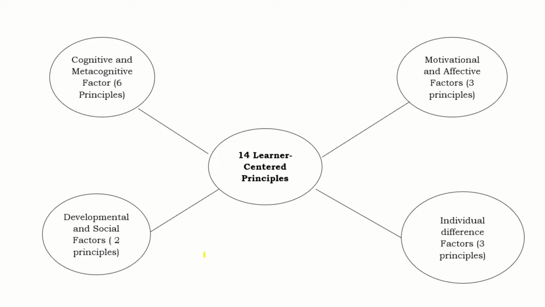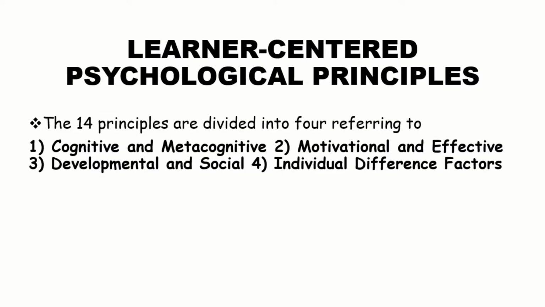In developmental and social factors, we have two principles, and we have three principles under the individual difference factors, and all in all it covers the 14 learner-centered principles. The learner-centered psychological principles were put together by the American Psychological Association.